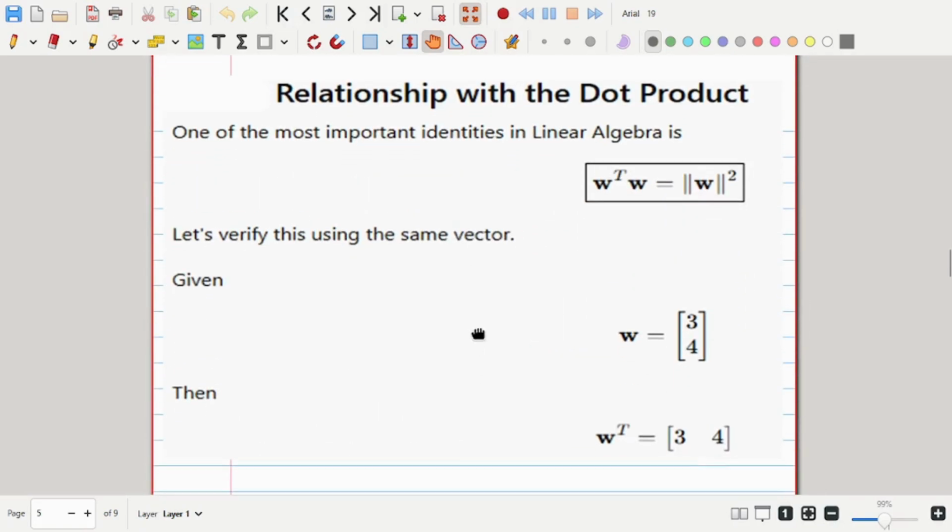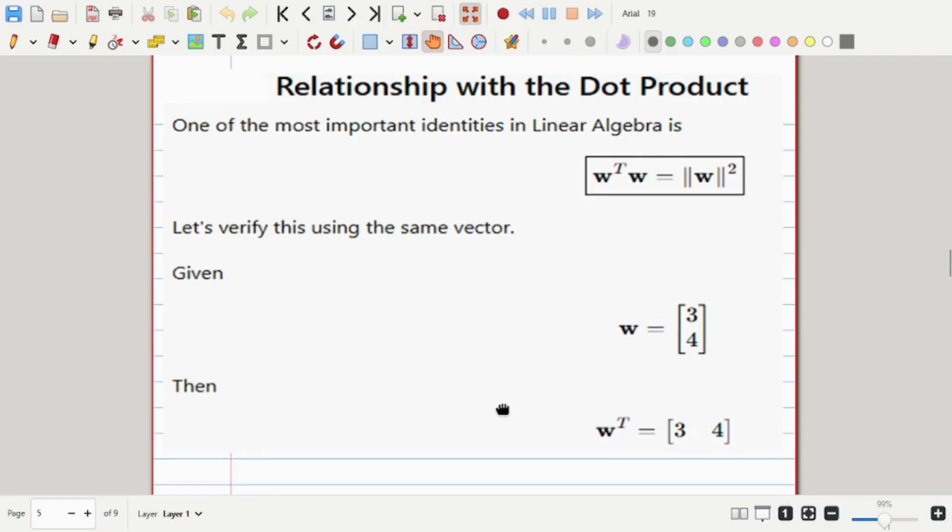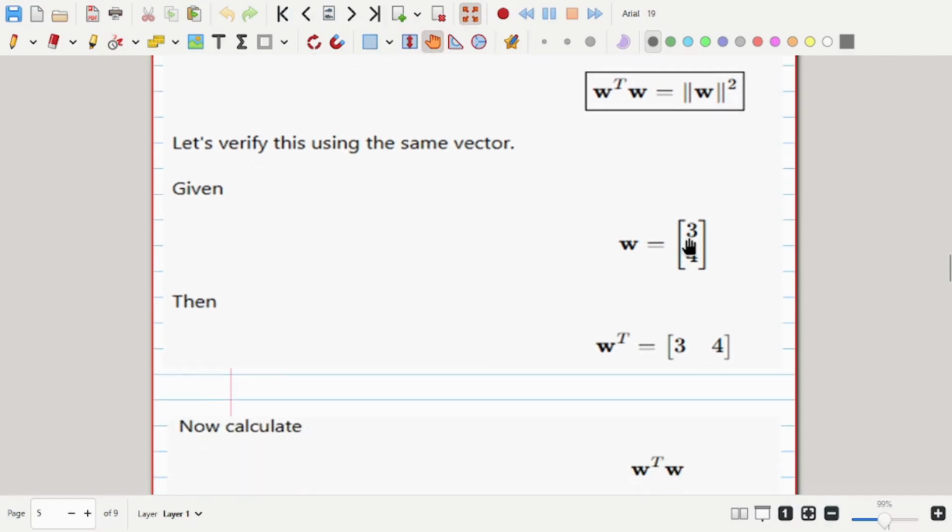So what is the relationship between the dot product and norm of vector W square? It is W transpose into W is equal to norm of vector W square. This is called the dot product of vector W with itself. So let's verify it. W is a column vector with a first entry 3 and second entry 4. So its W transpose is a row vector with a first entry 3 and second entry 4.